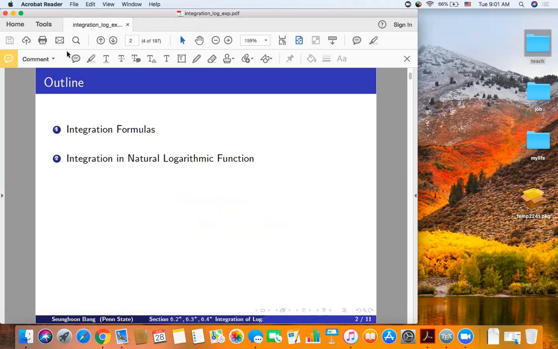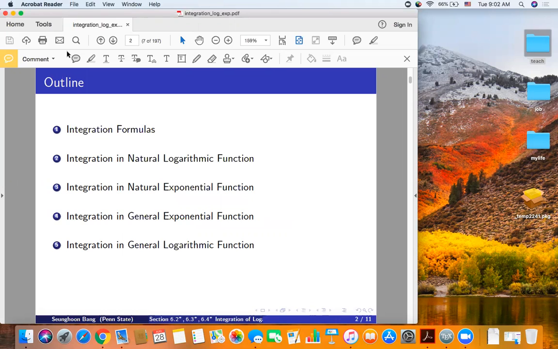Second, integration of the natural logarithmic function. Third, integration of the natural exponential function. Fourth, integration of general exponential functions. Fifth, integration of general logarithmic functions. The last one, I will give more examples using these integration rules.